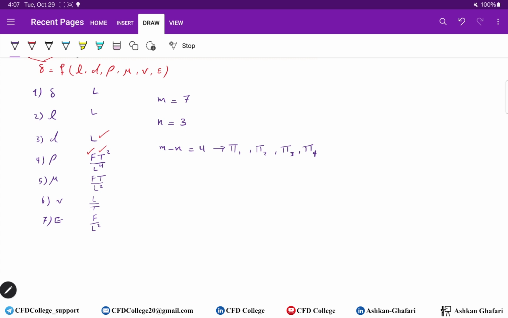Now, the next step is to pick free variables. Why free?